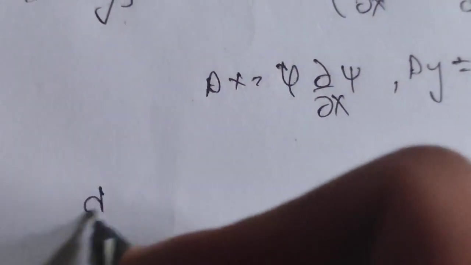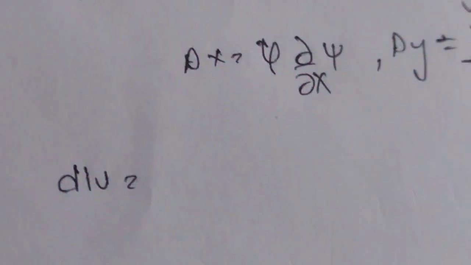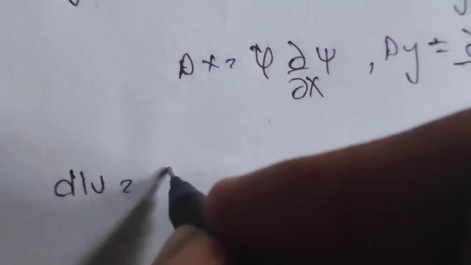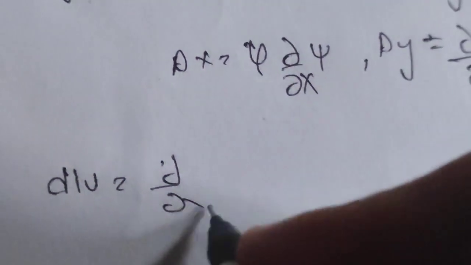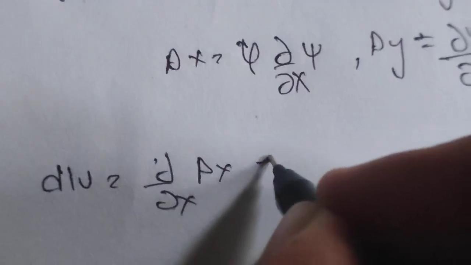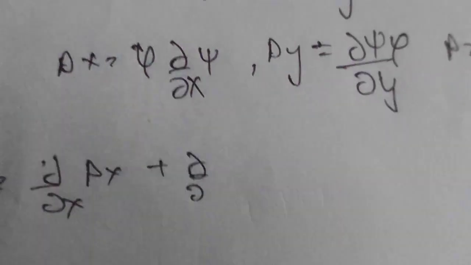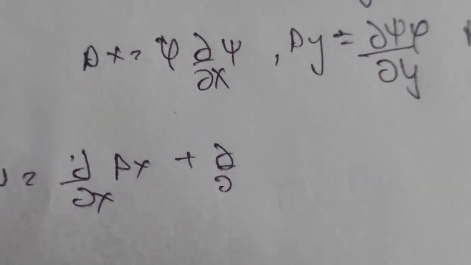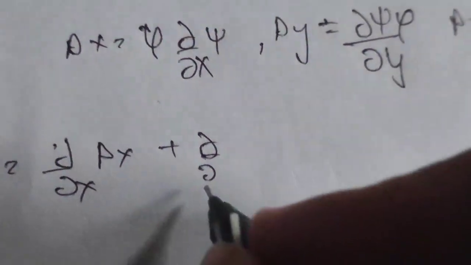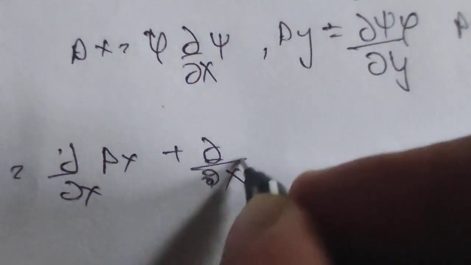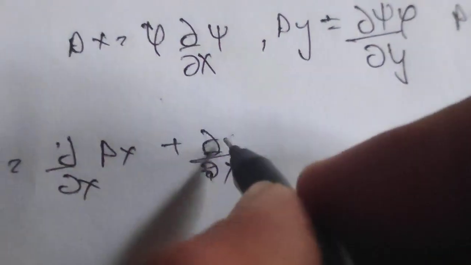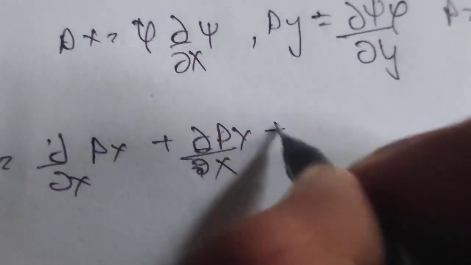We already talked about what divergence is. It is del Ax upon del x plus del Ay upon del y plus del Az upon del z; divergence is the partial differentiation in all three directions at the same time, as we covered in previous classes.